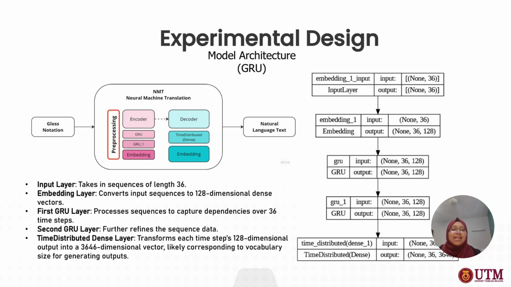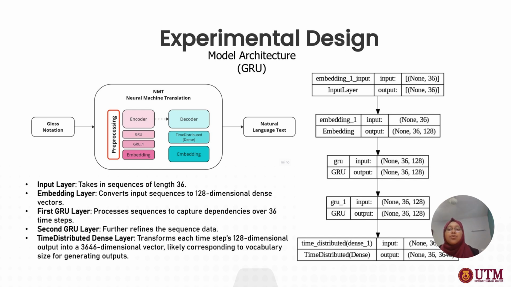And on the right hand side, the figure shows the parameters of the layers. So the input layer takes in a sequence of 36, and None represents that the batch size can be anything. The embedding layer converts the input sentences to 128 dimensional dense vectors. The first GRU layer processes the sequence to capture dependencies over 36 time steps.